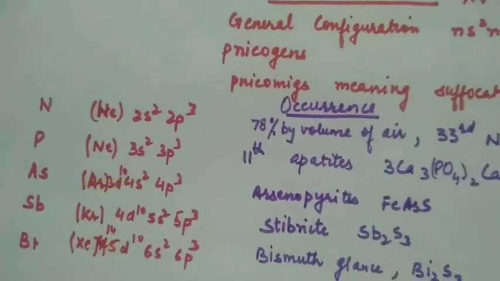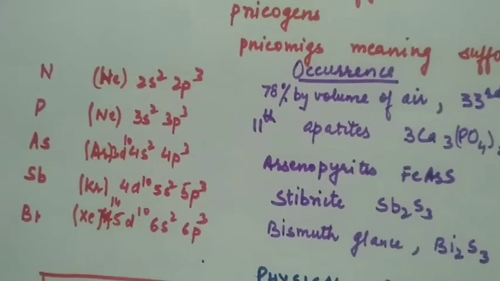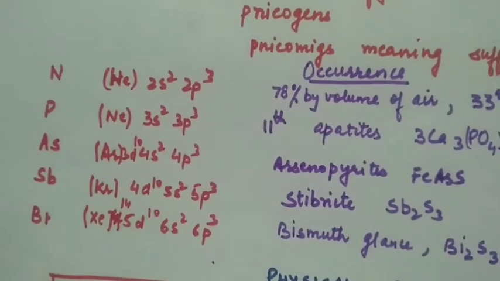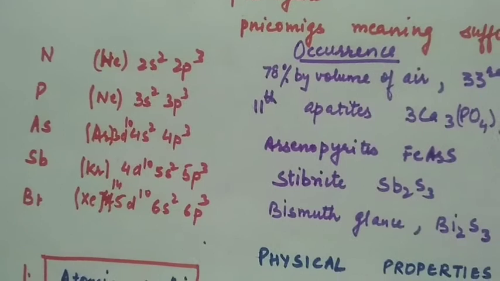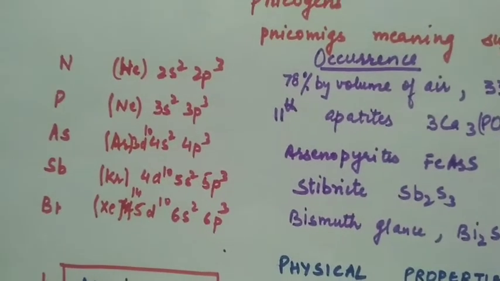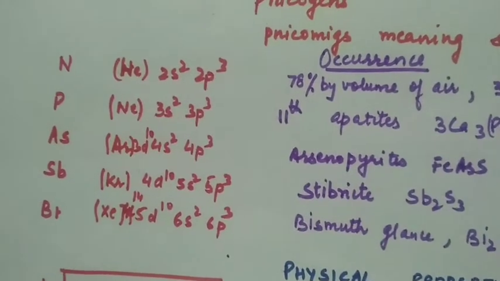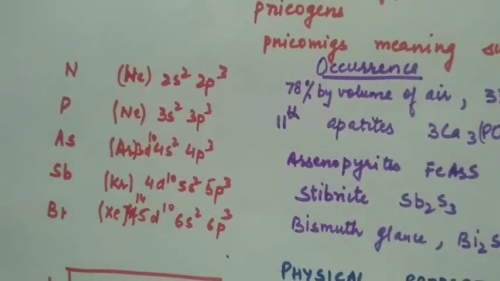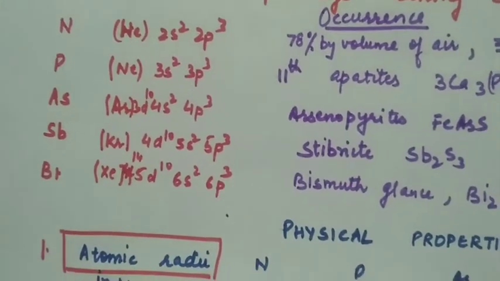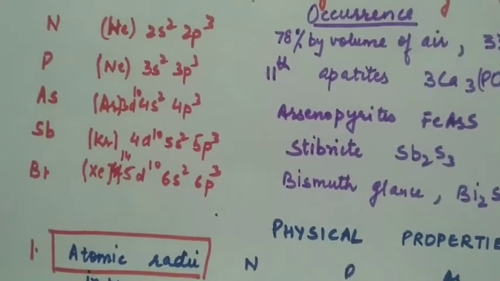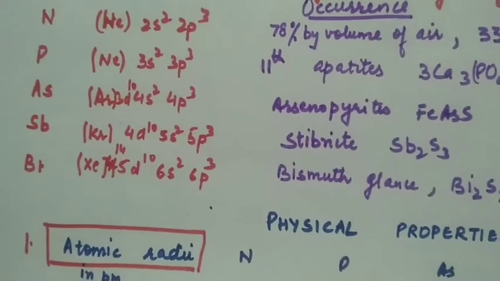Electronic configuration of nitrogen is 1s2, 2s2, 2p3. So we can also write it in this manner: configuration of noble gas helium, and the last shell contains 2s2 and 2p3 electrons. Similarly, phosphorus: configuration of neon plus 3s2, 3p3.